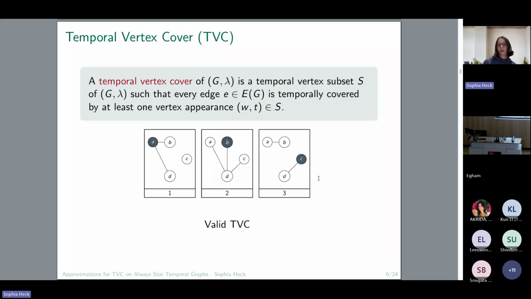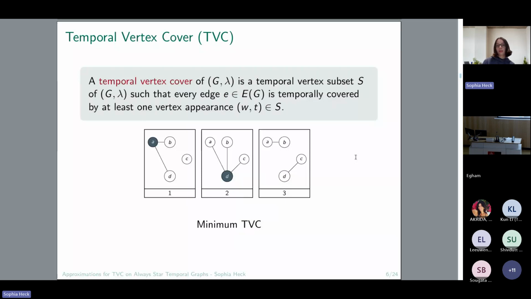If we were to include the vertex B here, then we have a valid TVC, because every edge is covered by at least one vertex appearance in a time step where this edge is actually active. However, we can still do a bit better, because instead of taking B and C here, we can just use D at time 2 and thereby create a smaller TVC. In this case, it's also the minimum size temporal vertex cover.